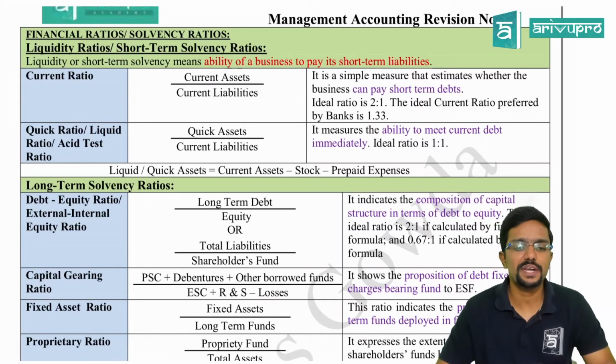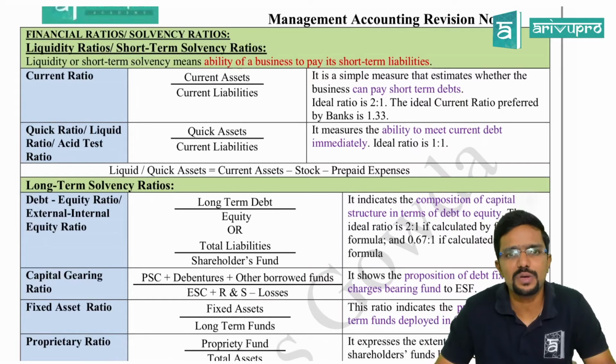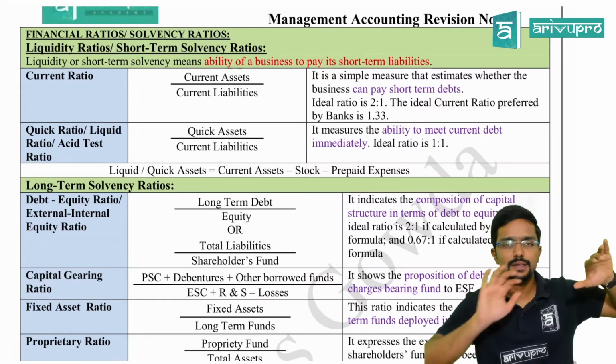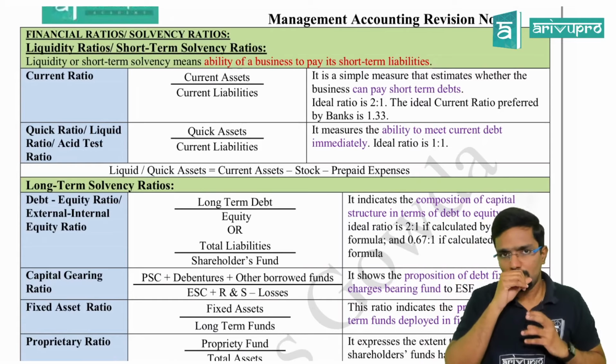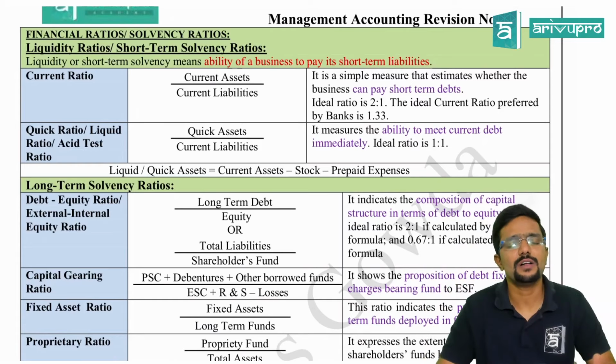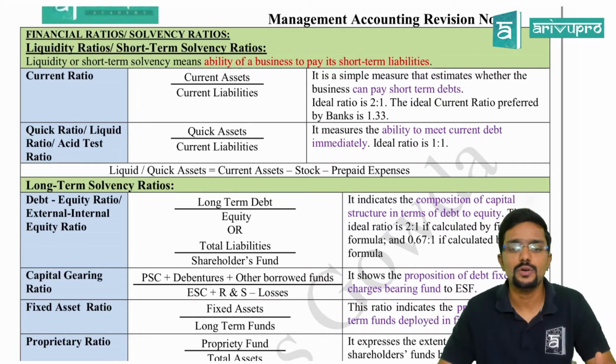Next, coming to quick ratio, liquid ratio or the acid test ratio. Here we take quick assets divided by current liabilities. What is quick assets? Simple: current assets minus inventory minus prepaid expenses is my quick assets, or we also call it liquid assets. What is the ideal ratio? 1:1.